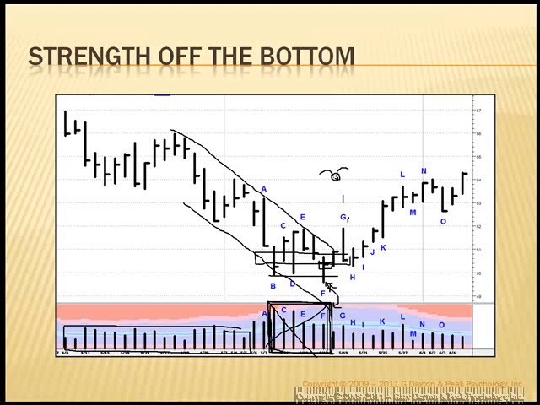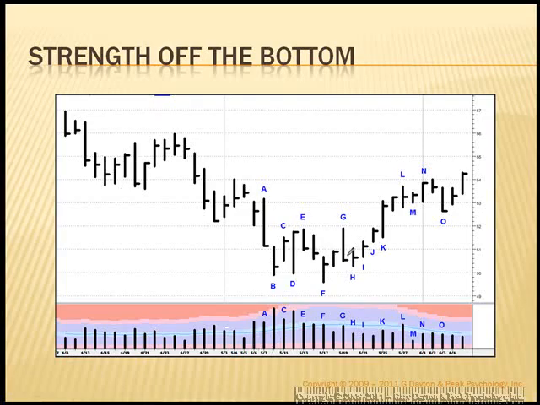And let's look at this a little more carefully. To come back into this area here where there was very high volume, and we don't have that big pickup in volume anymore. Okay?